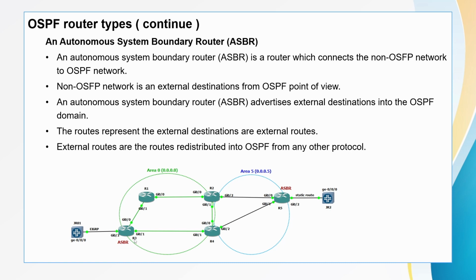So this is the purpose of the ASBR. In the right-hand side, there's another ASBR, since this ASBR is connected by static routes to an outside router other than OSPF.